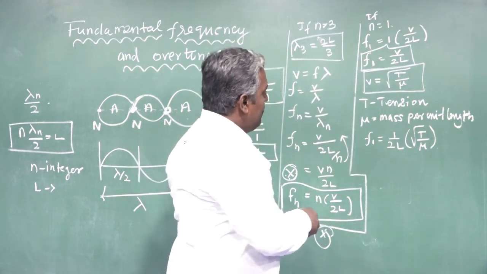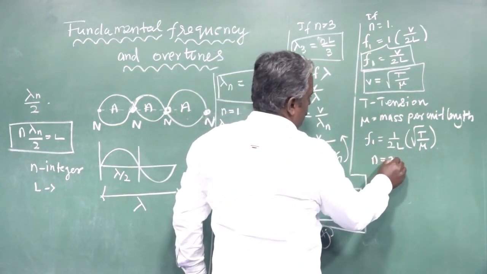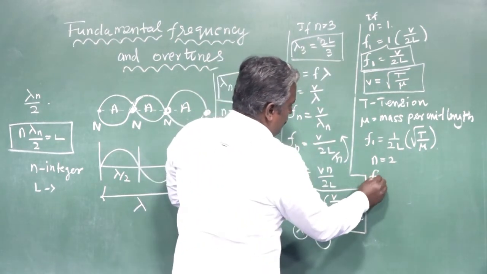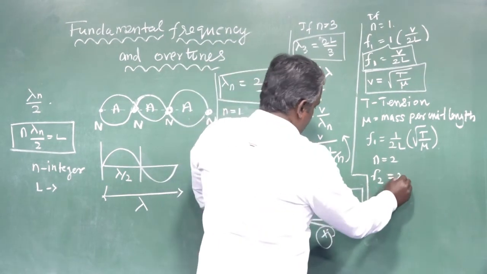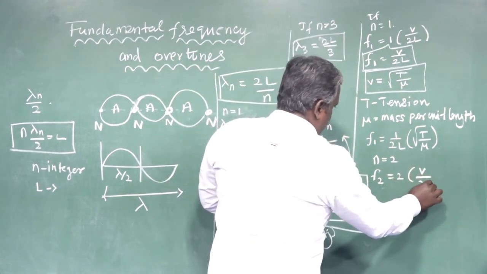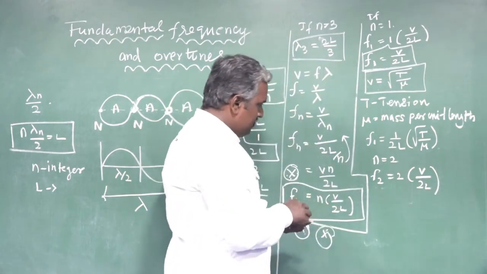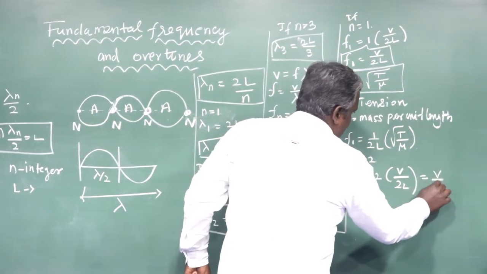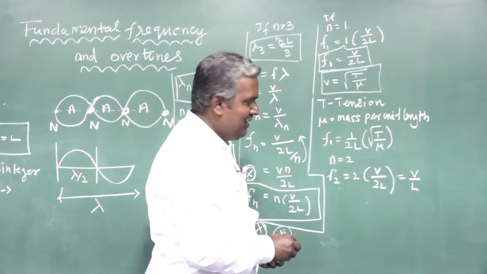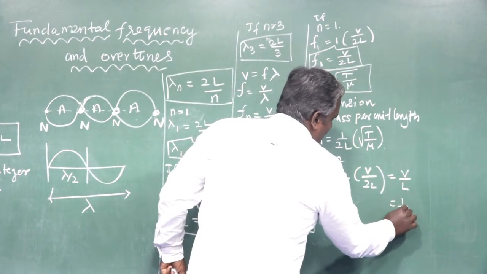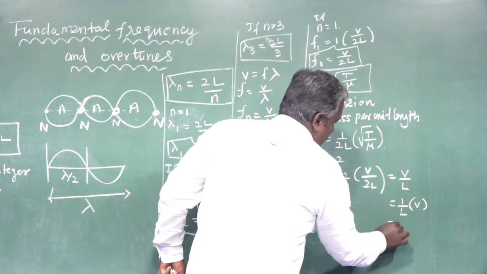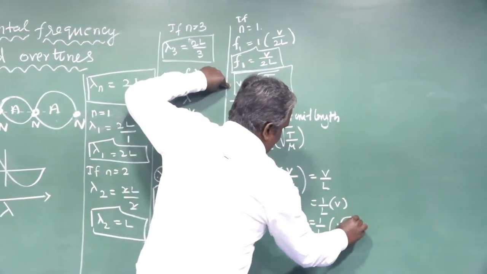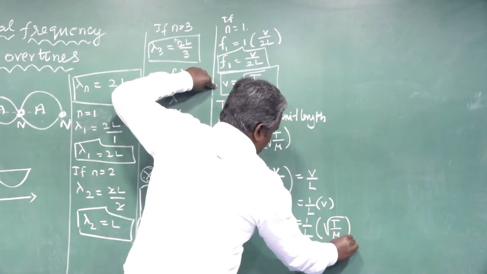Then if n is equal to 2, this is the basic formula, no? So f2 is equal to 2 of v by 2L. The 2 cancels. What is the remaining? v by L. And you can write it as 1 by L of v, with v value root of T by mu.